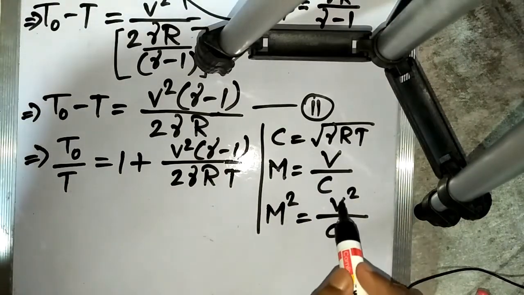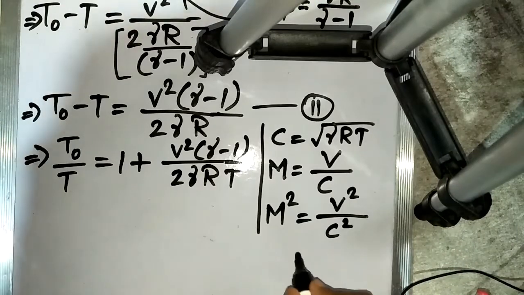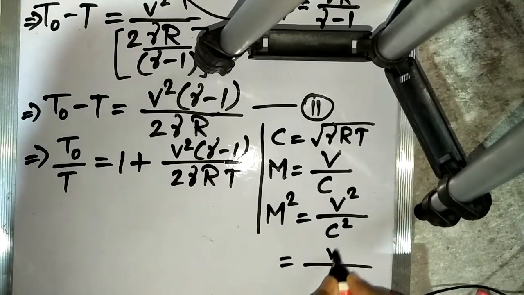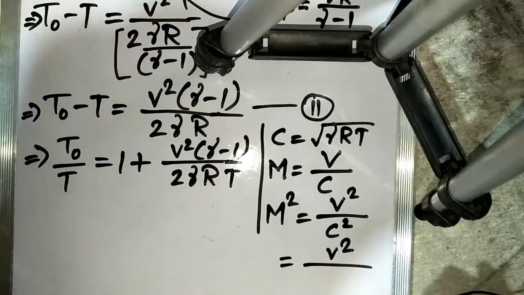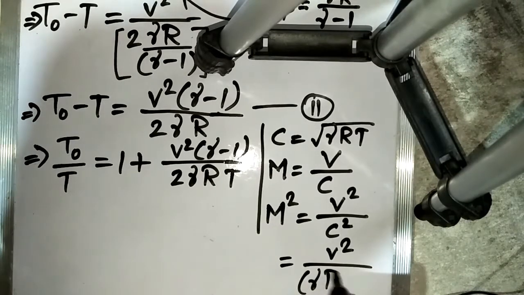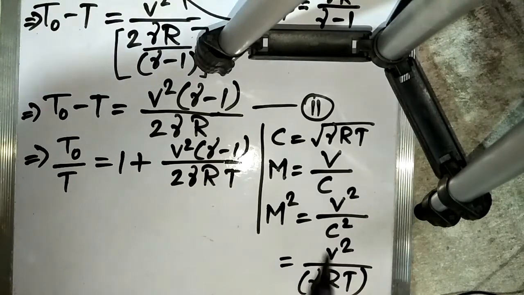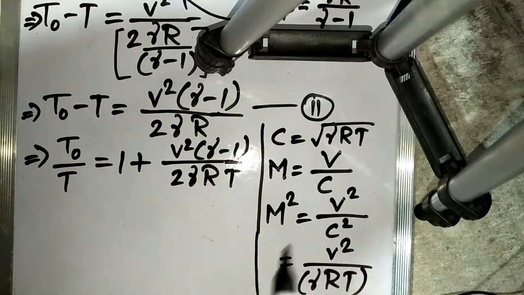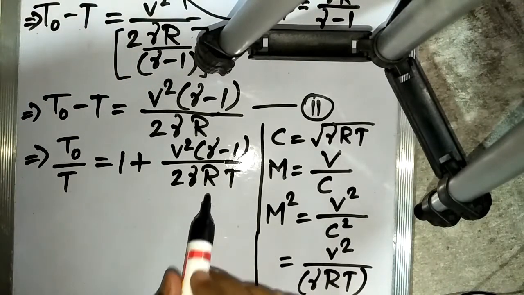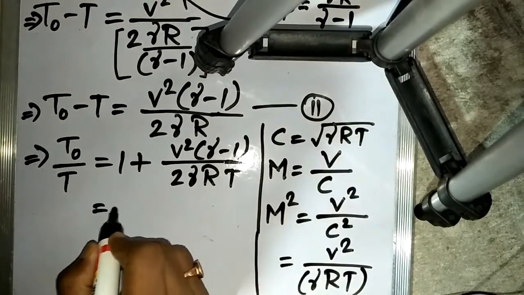So M square equals V square by c square. So we can write V square by c square, where c square is gamma RT. Now we are going to substitute this value into this equation. Let's see what happens.